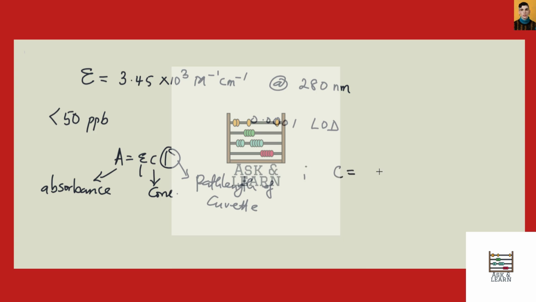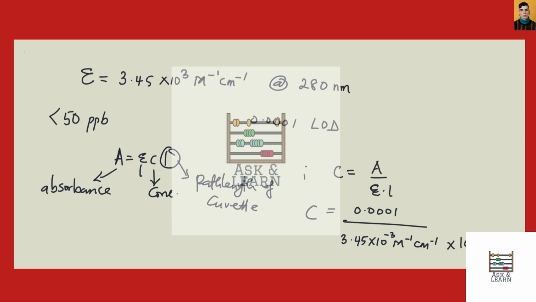Concentration will be A over EL, and the absorbance is 0.0001. So this will give us a concentration that the spectrometer can detect. The extinction coefficient is 3.45 times 10 raised to the power 3 per molar per centimeter, and the path length we can assume to be 1 centimeter.